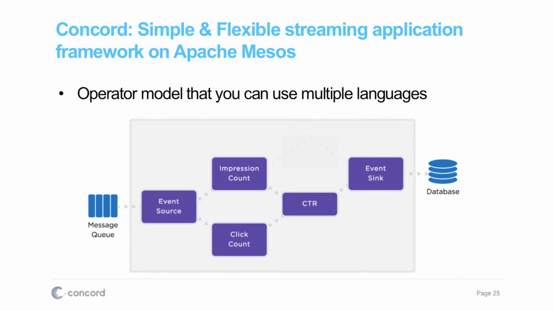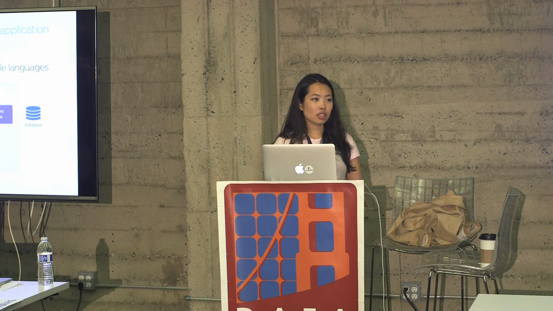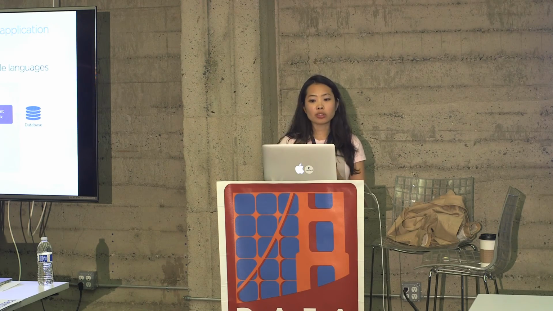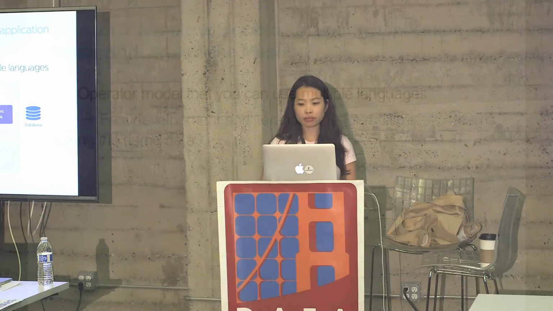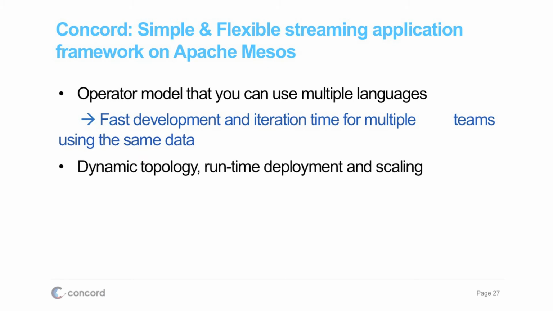So in summary, Concorde is a stream processing application framework that you can use multiple languages for. We basically see the world of stream processing with the model of operators talking to each other, which we believe will allow multiple teams to operate on the same streams of data and actually iterate very fast.